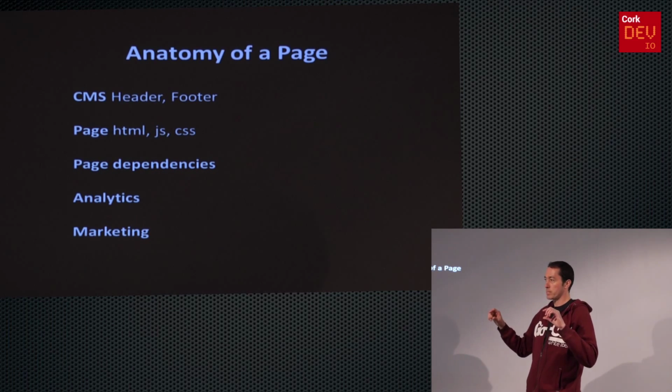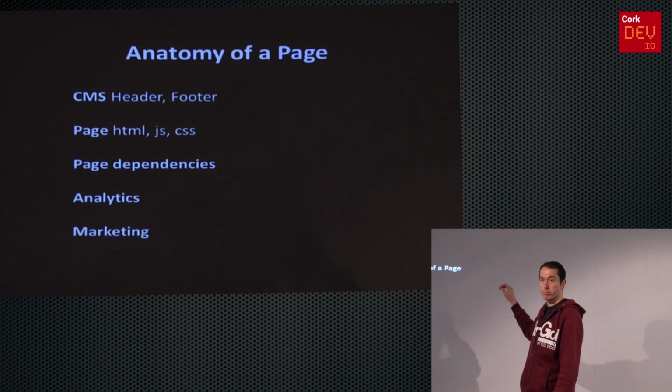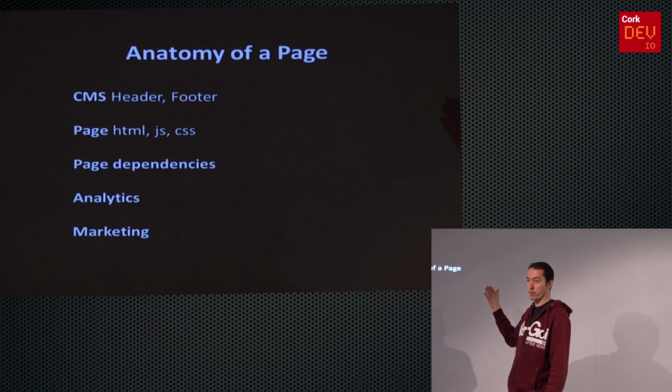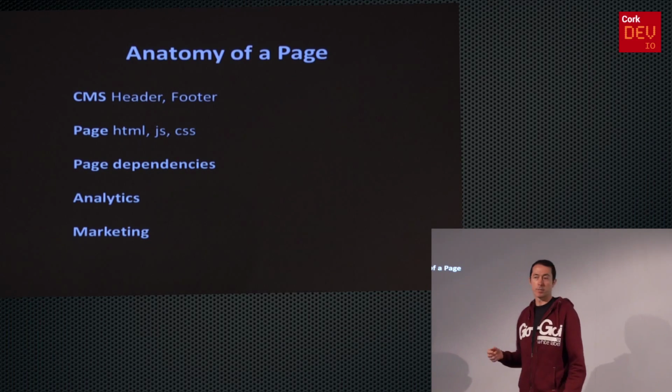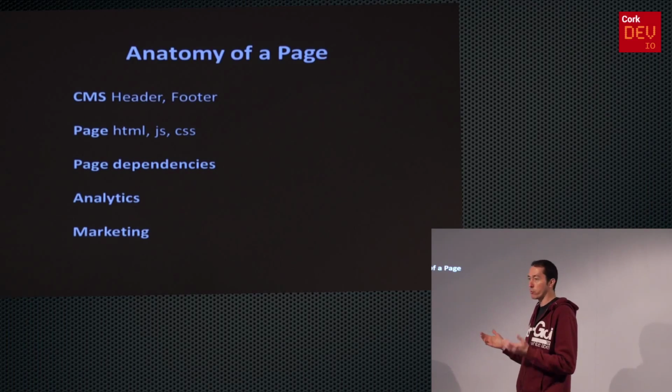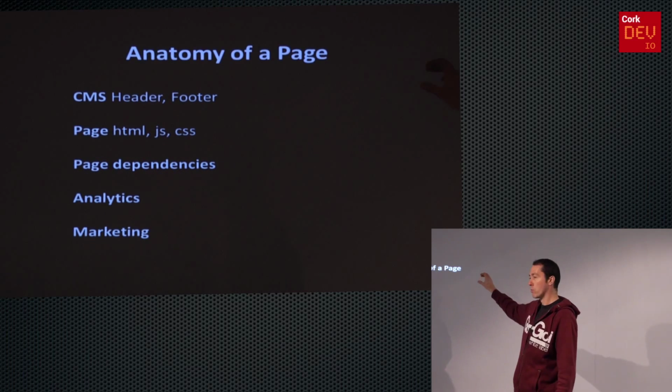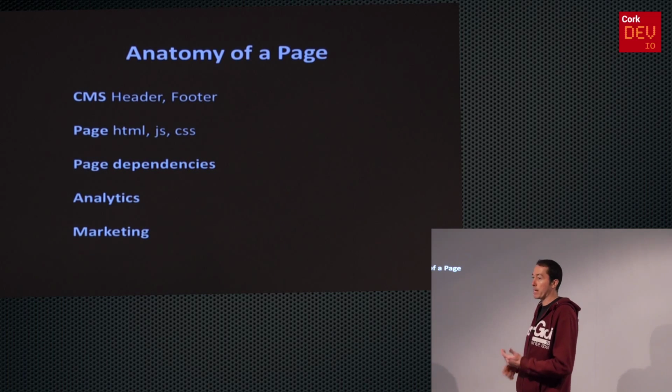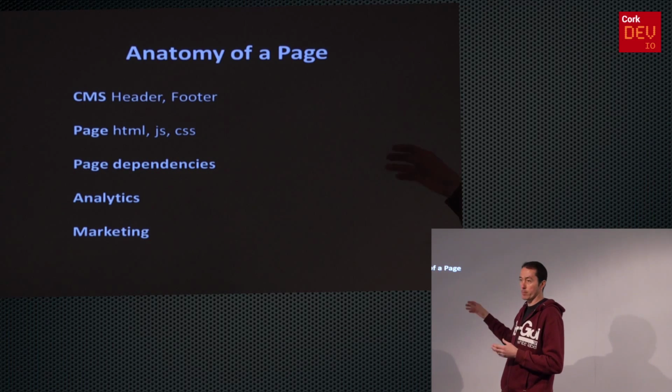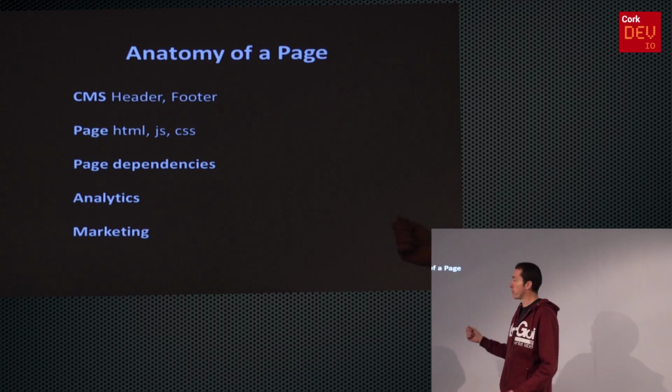So our content management system owns the top and the bottom of the page, the header and the footer, and marketing can add different items if they want new promotions or they want new menu items, they'll add them there. So rather than us having our own header and footer inside that application that you saw, we pull that in from the CMS. Then we've got our own HTML inside the page, JavaScript, CSS.